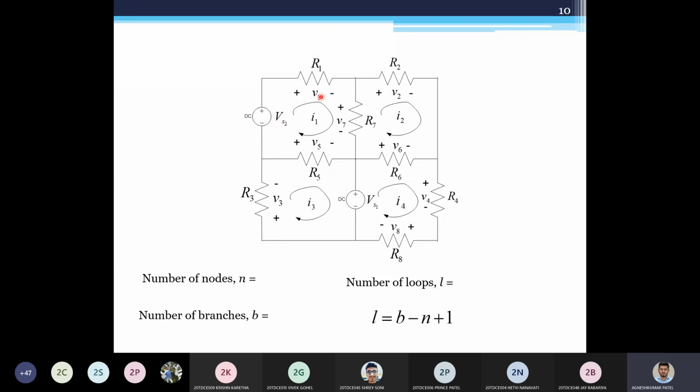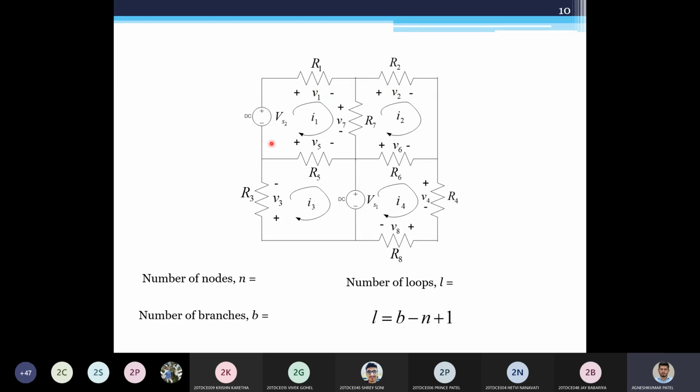On the basis of the assumed mesh current, provide the polarity of each resistor, and then travel in one direction. If you see a potential changing from negative to positive, consider it as a rise in potential, and if you see a potential going from positive to negative, consider it as a negative, or voltage drop, or potential drop in the loop.